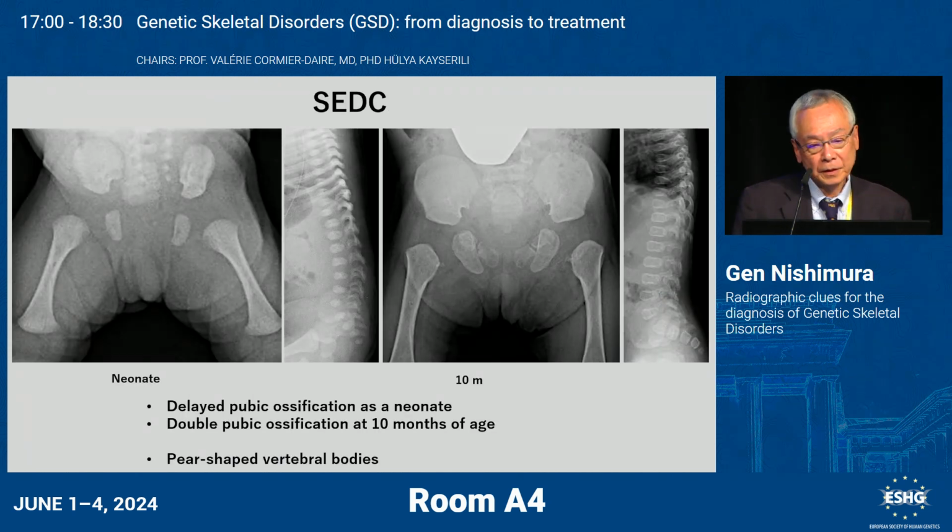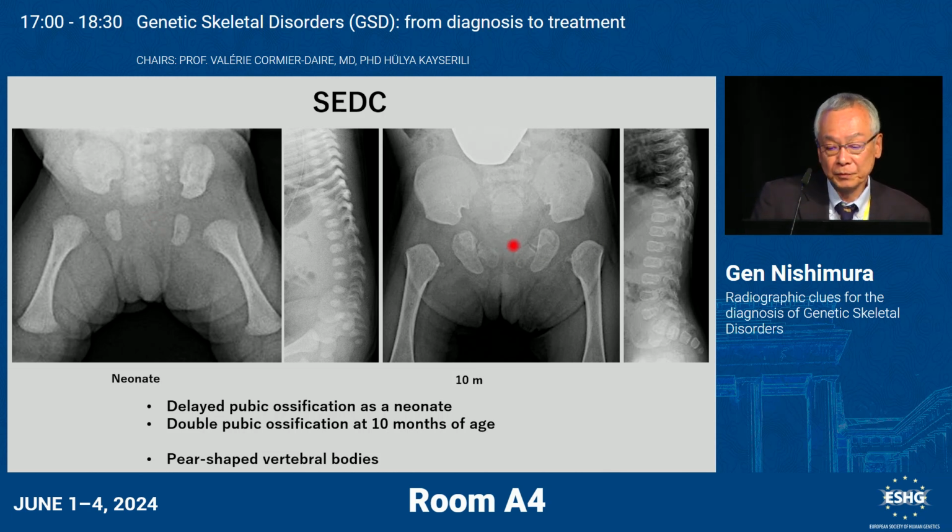Here is a case with SEDC. You can see delayed ossification of the pubic bones as a neonate, and then double ossification of the pubic bones at age 10 months as a consequence of delayed pubic ossification. Also, you can see pear-shaped vertebral bodies.